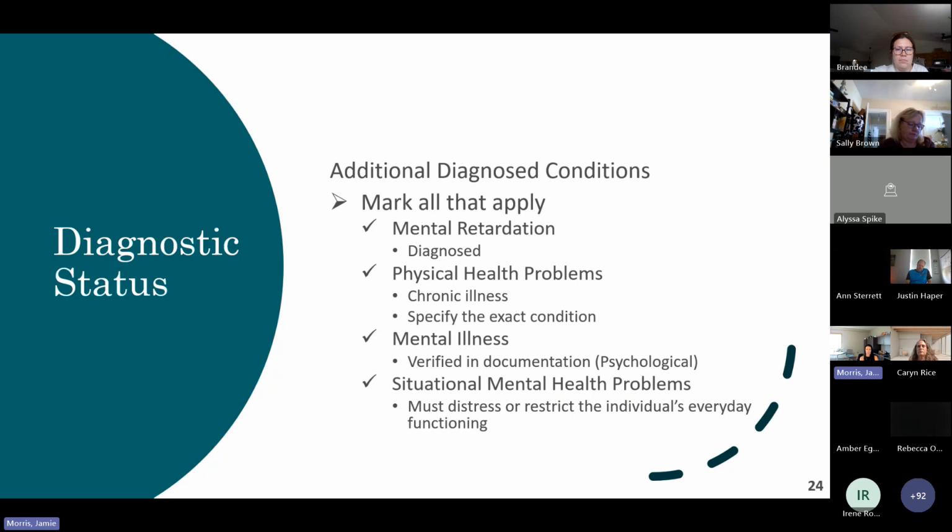Those things can be like an emotional disturbance. They may have some seasonal depression, some anxiety. Again, you would mark it if you have the documentation to support that, and then you would include in the comments section what those ones are. Again, if for some reason you choose other, you will need to write down what that other is on the line provided.